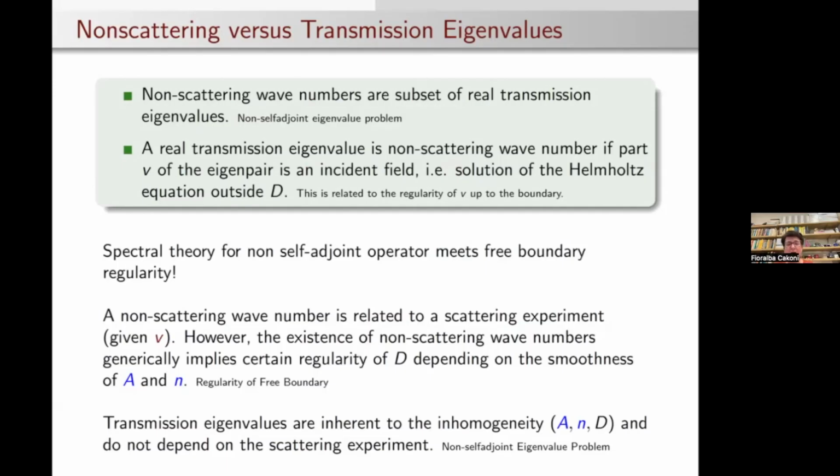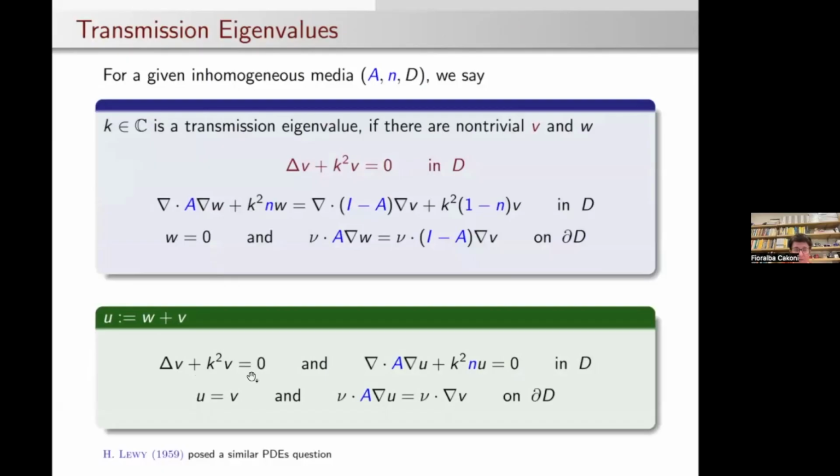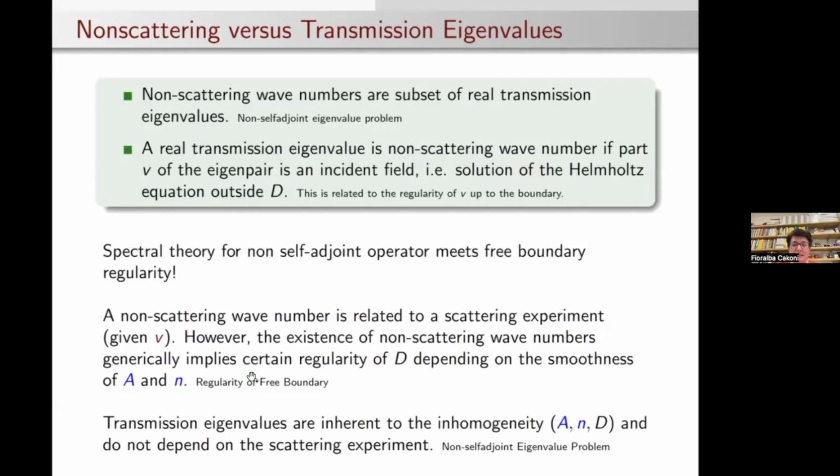Why do I say real? Because this eigenvalue problem is non-self-adjoint. So a real transmission eigenvalue is a non-scattering wave number if this V part of the eigenfunction can be extended as a solution to the Helmholtz equation in the exterior of D. If it happens to be a Helmholtz function, then we are fine, and then we have a particular physical incident wave that doesn't scatter at that wave number, right?